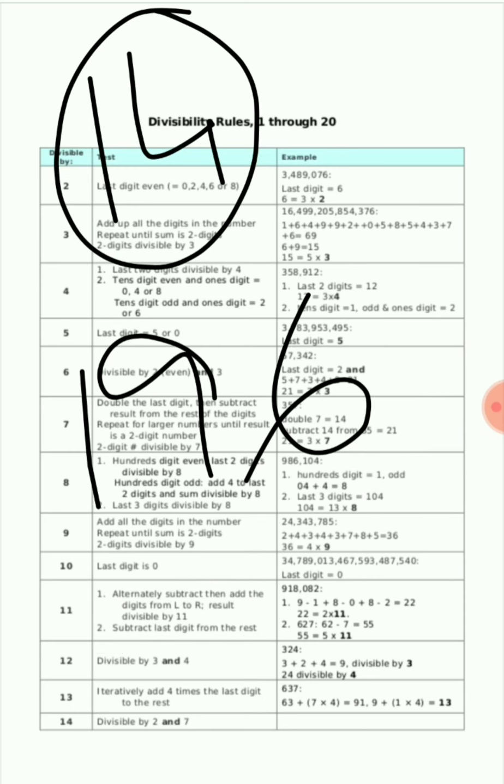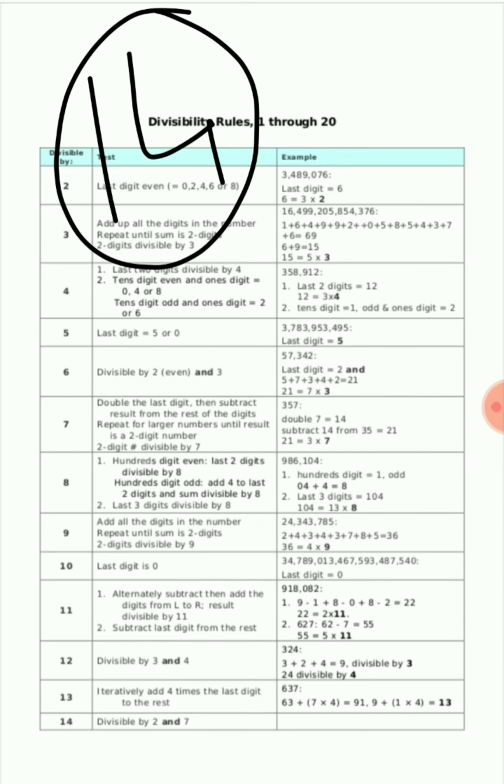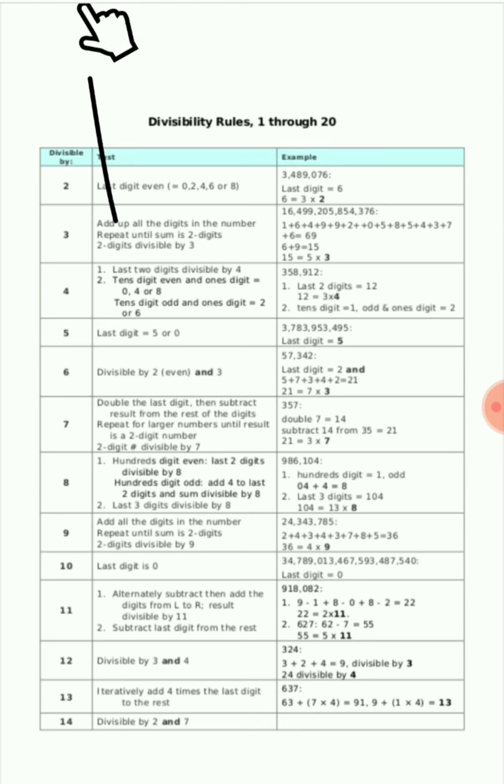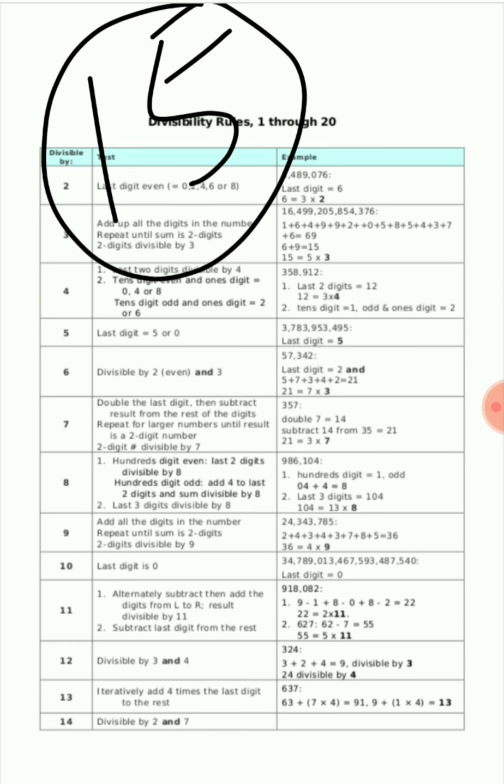Next we check the divisibility rule by 15. This is also easy. How can we check the divisibility rule by 15? Take it as a product of two co-prime numbers, 3 into 5. The GCD or HCF should be 1, that is, the common factor should be 1.